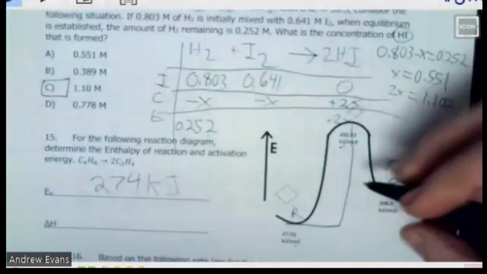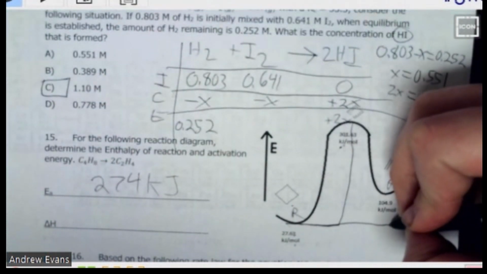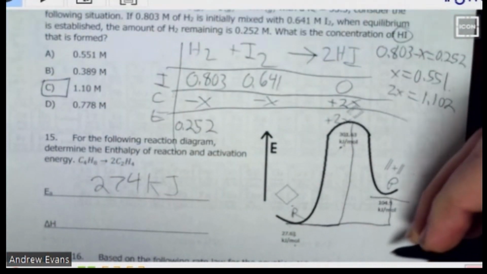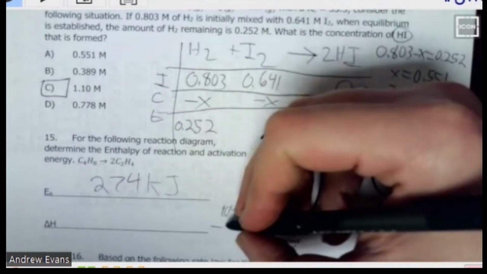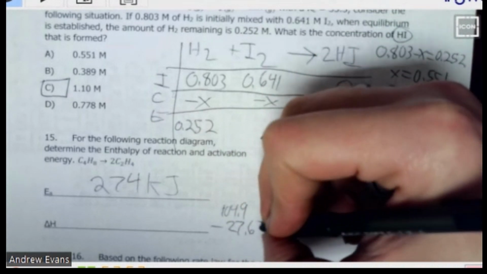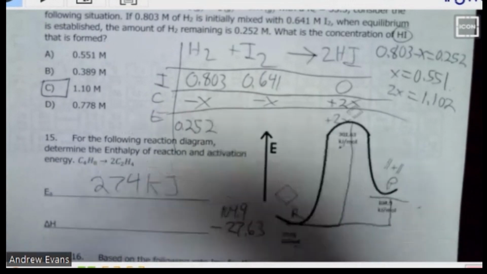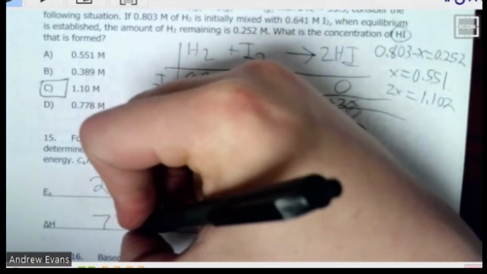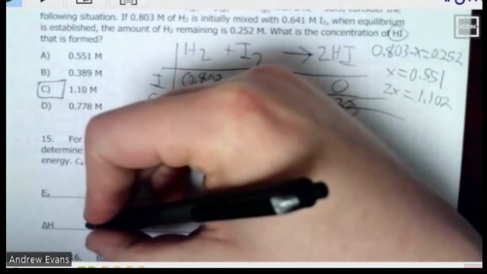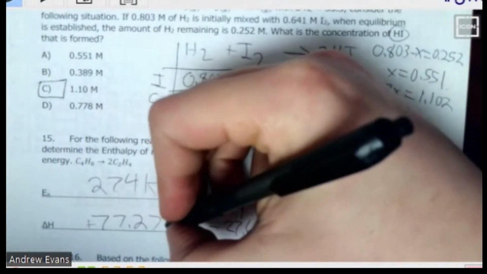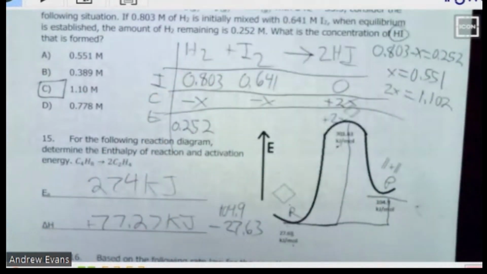The delta H is the difference between here and here, products minus reactants. So 104.9 minus 27.63 means it would have to absorb 77.27 kilojoules of heat.